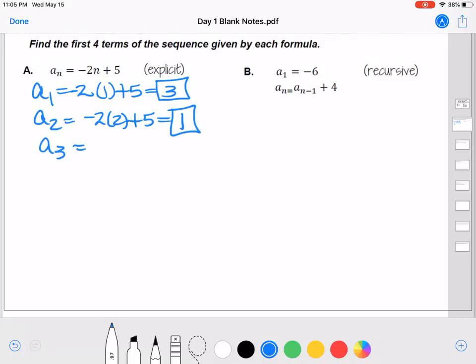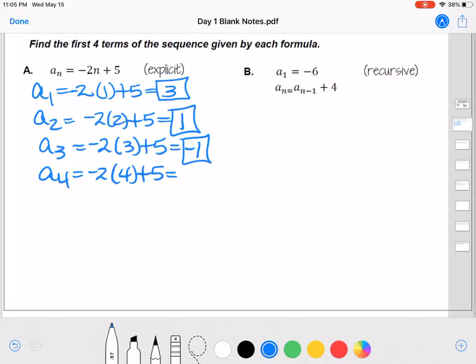A sub 3 is negative 2 times 3 plus 5, negative 1. A sub 4 is negative 2 times 4 plus 5, that will give us negative 3. So our sequence would go 3, 1, negative 1, negative 3. You can see the pattern is that we're subtracting 2.